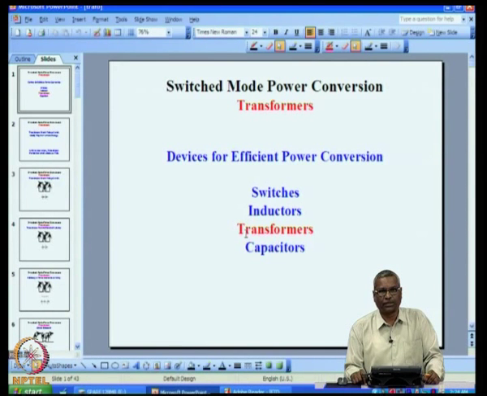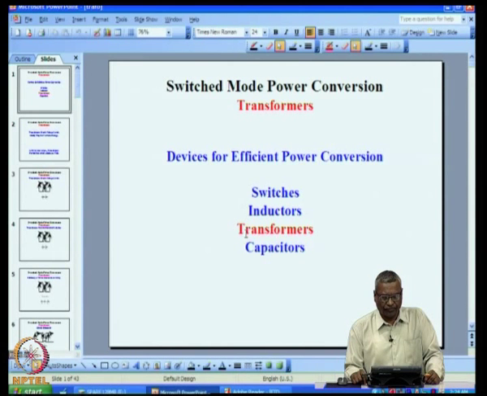In today's session, we will look at transformers which are used in power conversion circuits for the purpose of voltage matching, impedance matching, isolation and so on.